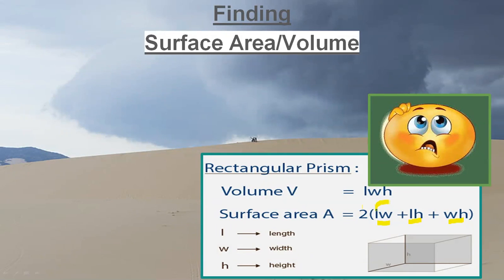When you are multiplying these two, you are finding for the three. And how many faces do we have? Six. So if you multiply this addition by two, it gives you the whole area. That is called the surface area. Got it? It's a very simple and easy trick if you are finding the surface area of any shape.